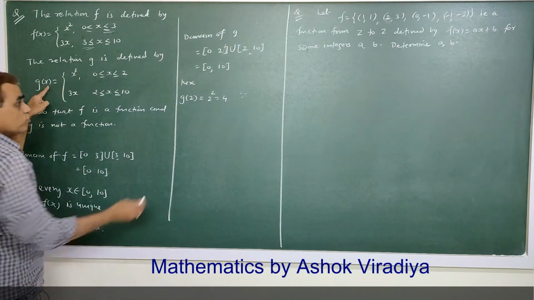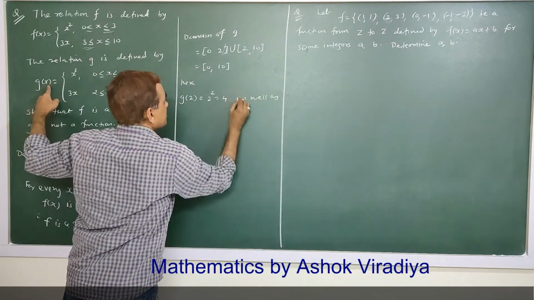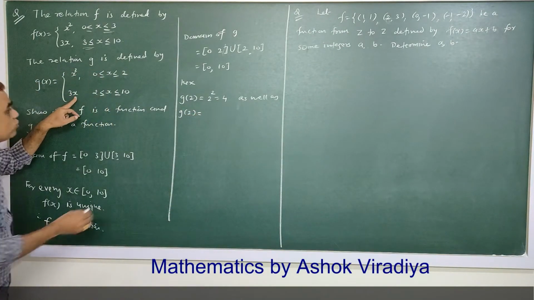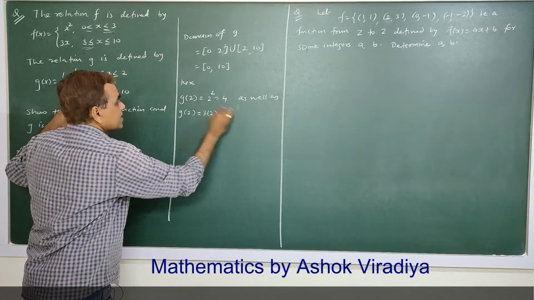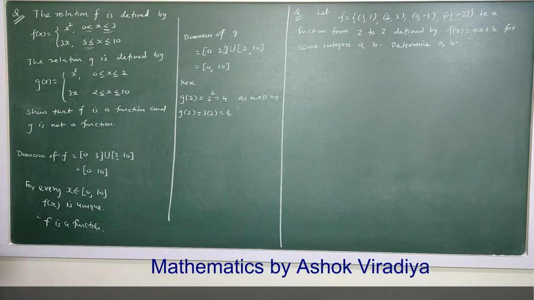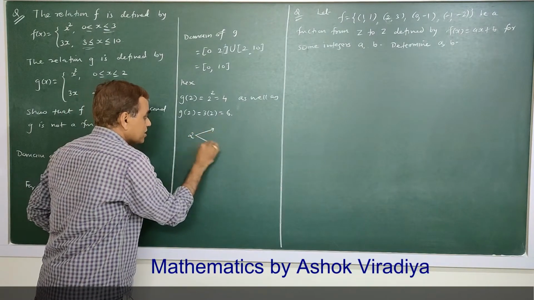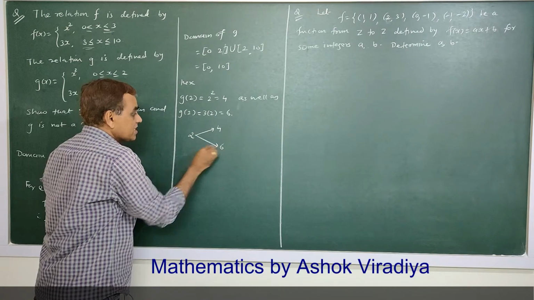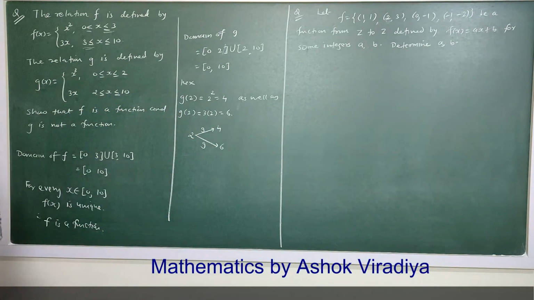So G of 2 as well as, now by the second formula, G of 2 is 3 into 2, that is 6. That means 2 has 2 images. Image of 2 is 4, image of 2 is 6. Under G, 2 has 2 images.